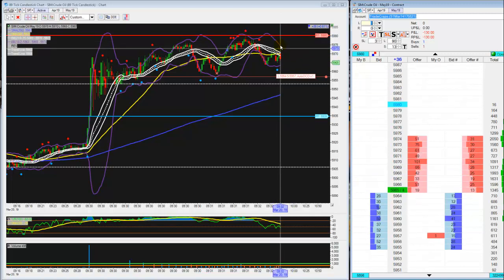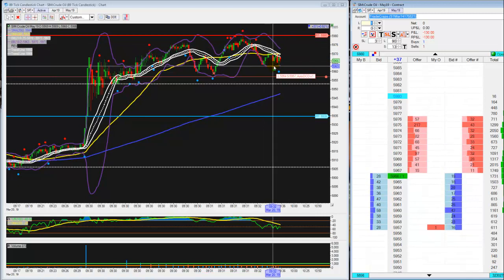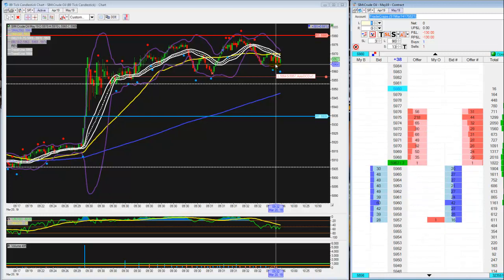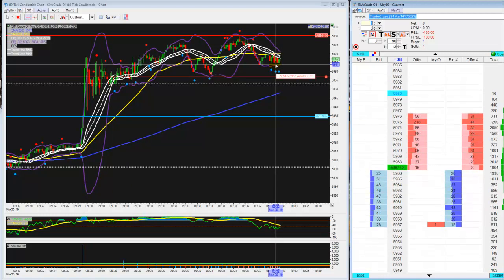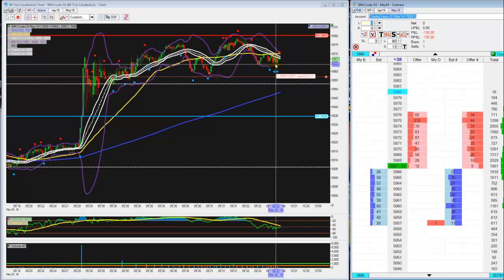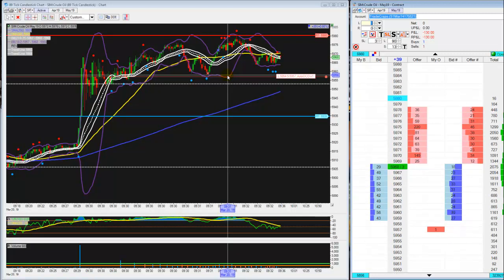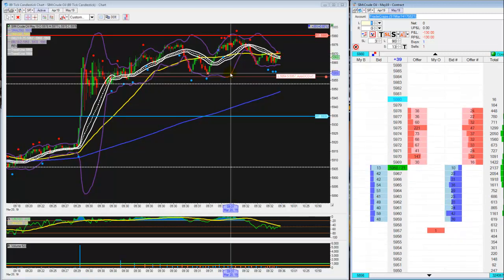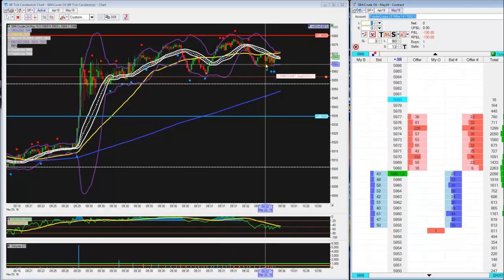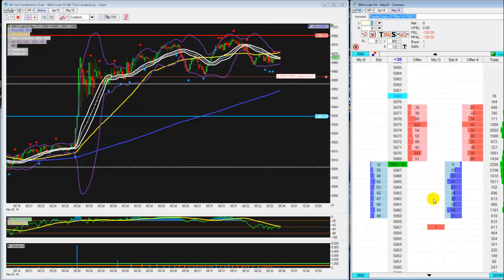What I'm waiting for now is this mark to get above the line before I move to it. Moving to 62.